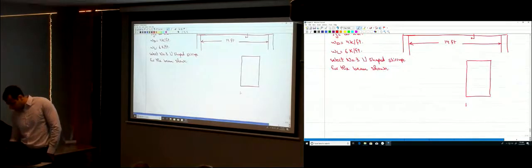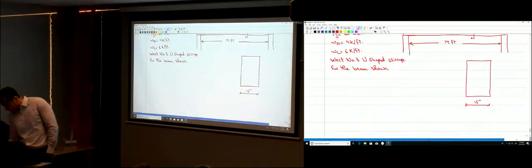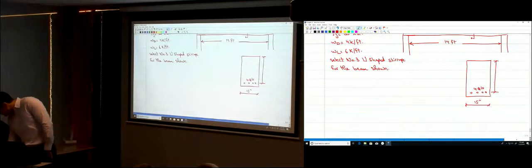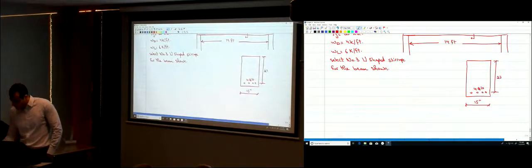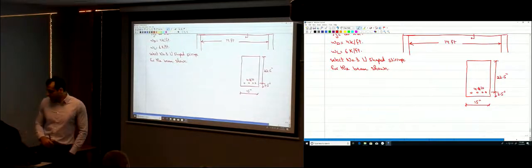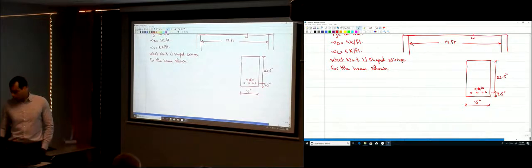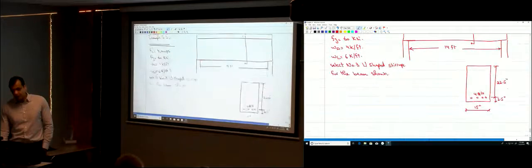The width is 15 inches, and here we have 4 number 10 bars, and the depth is 22.5 inches, and the cover is 2.5 inches. So that's our section, okay? We need to design this beam for the shear, okay?